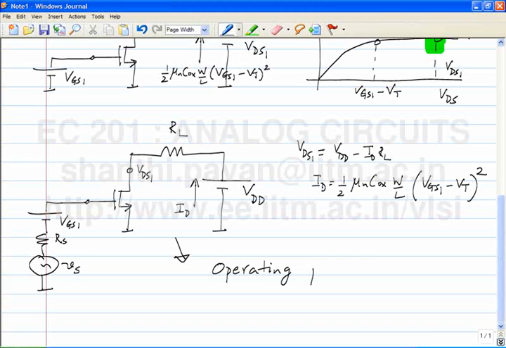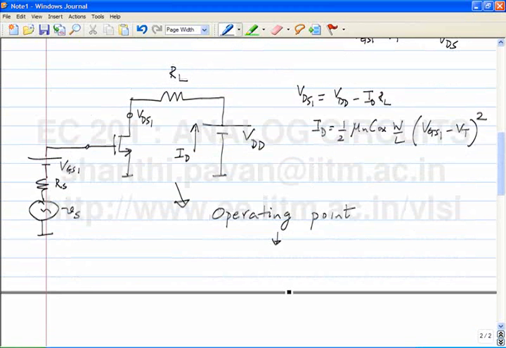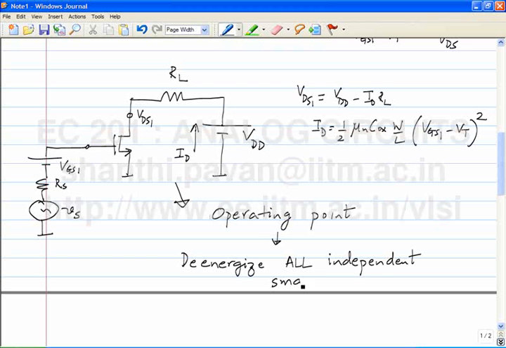So if I want to just find the operating point, in other words, given the circuit, to find the operating point, what I would do would be to de-energize all independent small signal sources.